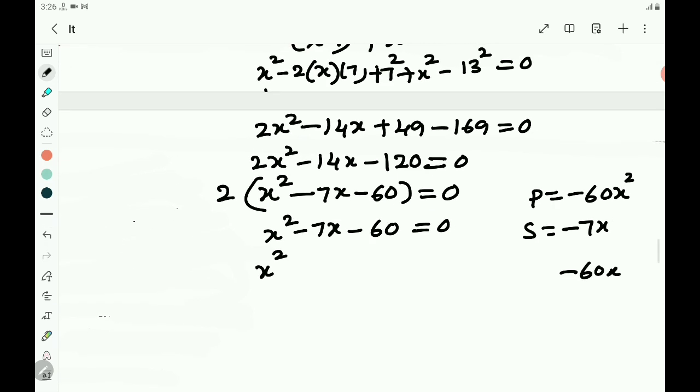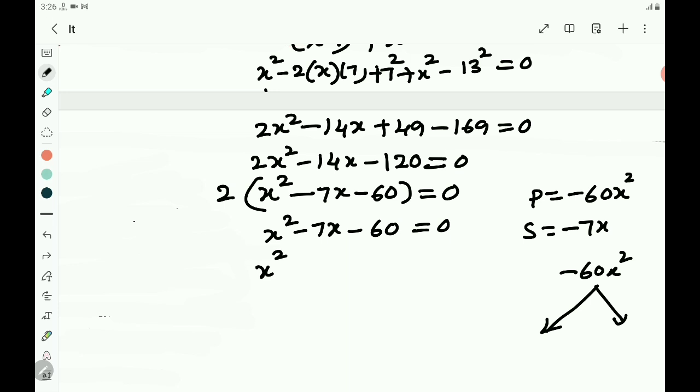Minus 60 x square is to be split into two factors to get the sum minus 7x. As the product has a negative sign, the factors have different signs.